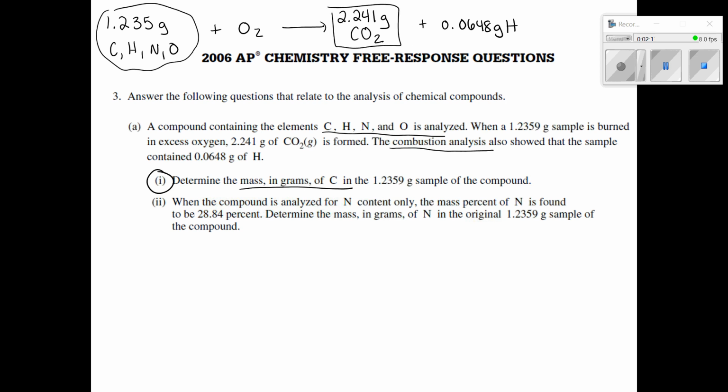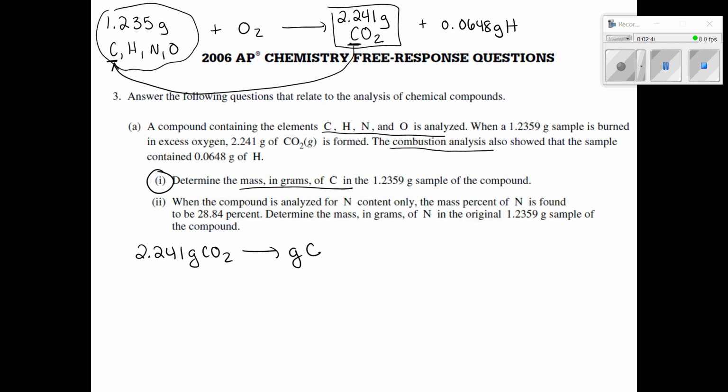So we know that we have 2.241 grams of CO2, and we should be able to convert grams of CO2 to grams of carbon. The nice thing about that is the way combustion analysis works and why this is a useful strategy is that all of the carbon in our CO2 came from this original sample over here.